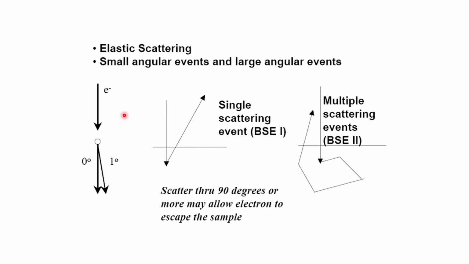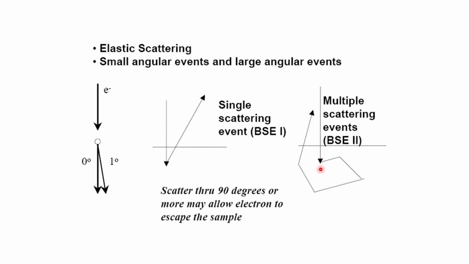There is one more thing you need to keep in mind. When the electron beam is coming in this direction and the electron comes directly from the incident beam interaction with the specimen, that electron will be known as backscattered electron 1, where only a single scattering event has taken place. If this is the incoming electron and this is the electron being ejected out and captured by the BSE detector, this will be backscattered electron 1, because it comes out after only this one interaction with the specimen.